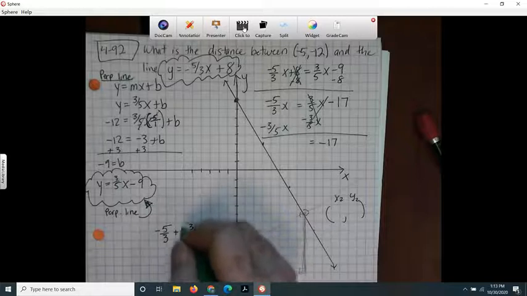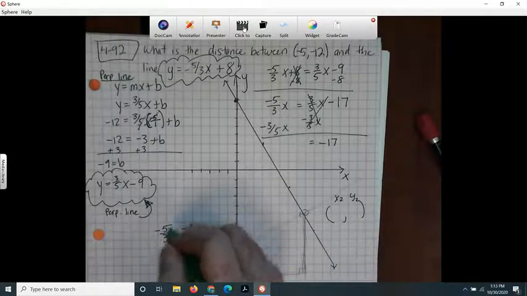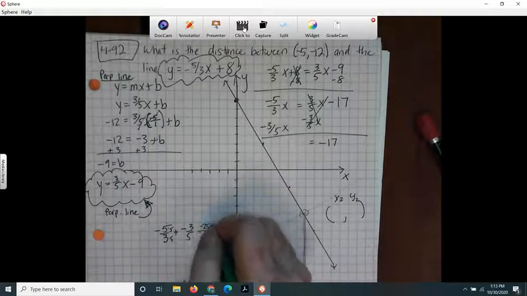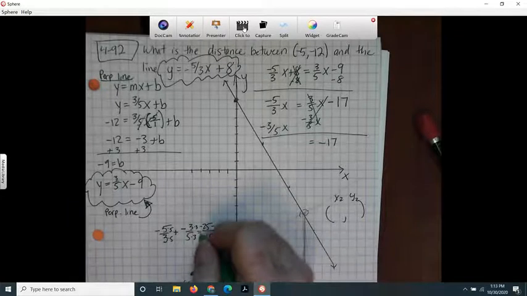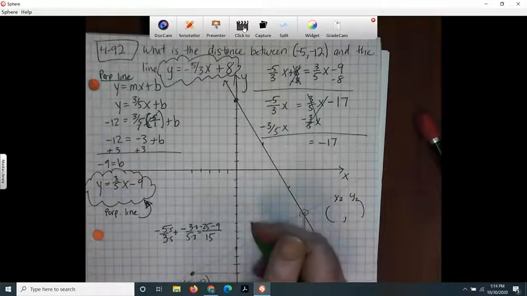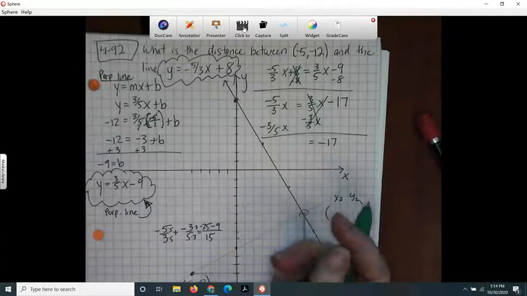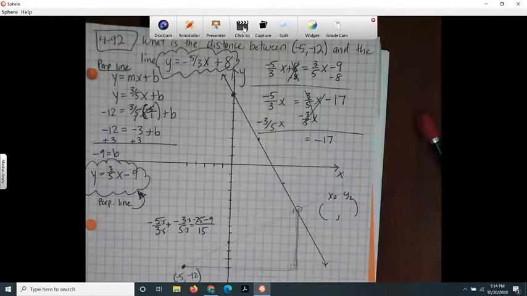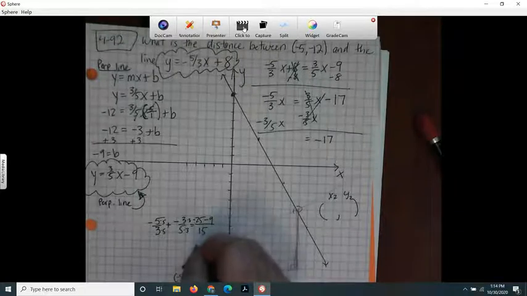So 3 times 5, and then 5 times 3. So I got negative 25 minus 9. So I think that's 34. Negative 34/15.